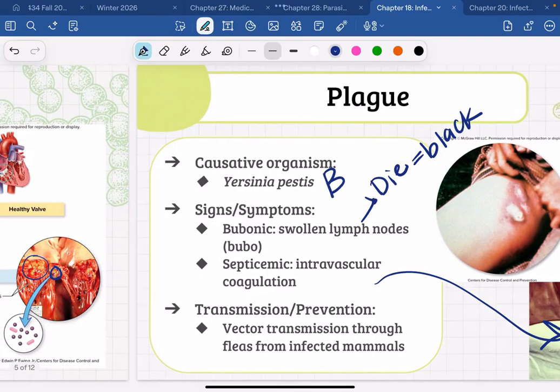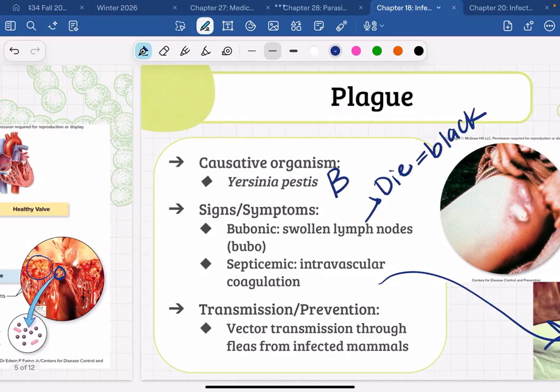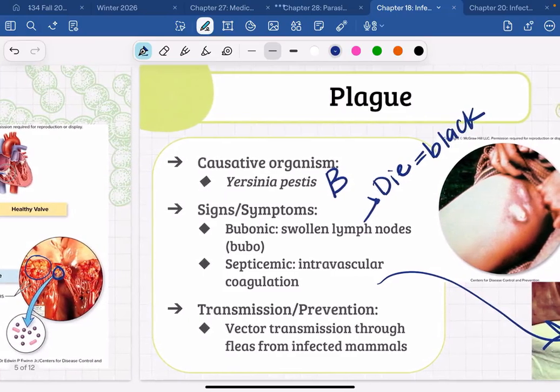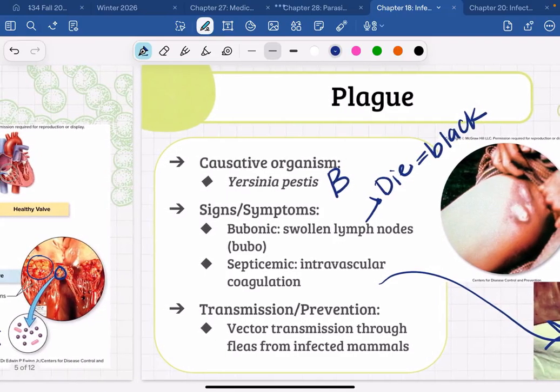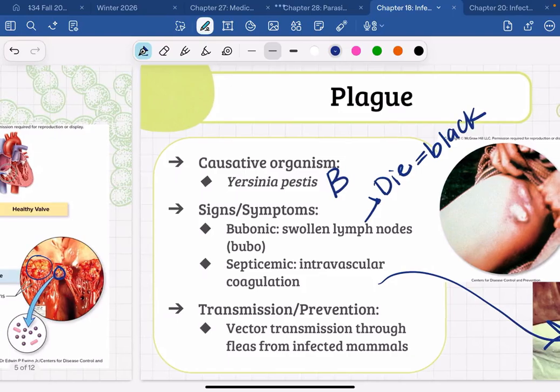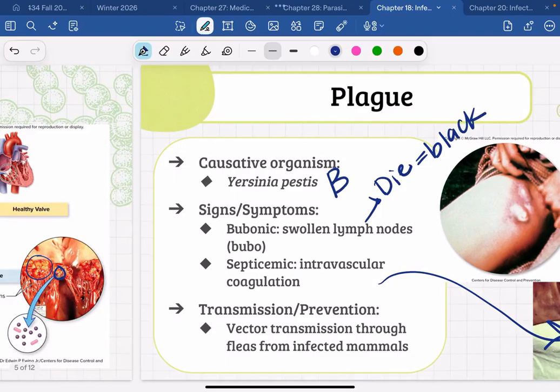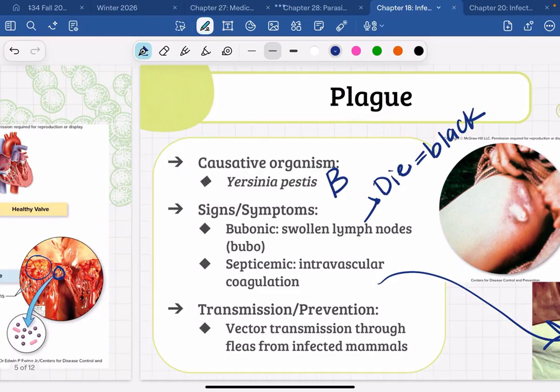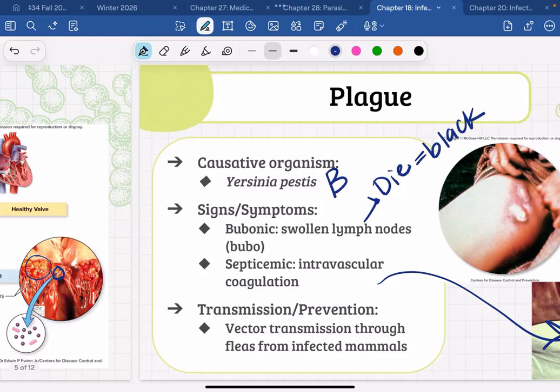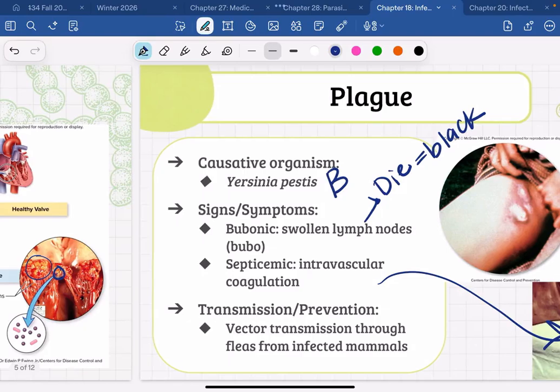The third part is the mammal that's carrying the illness. What happens is a mammal, usually something like a rat or a squirrel or a possum, some kind of mammal. It can also be carried by skunks and foxes and things like that. But usually it's associated with rats and squirrels and other rodents.